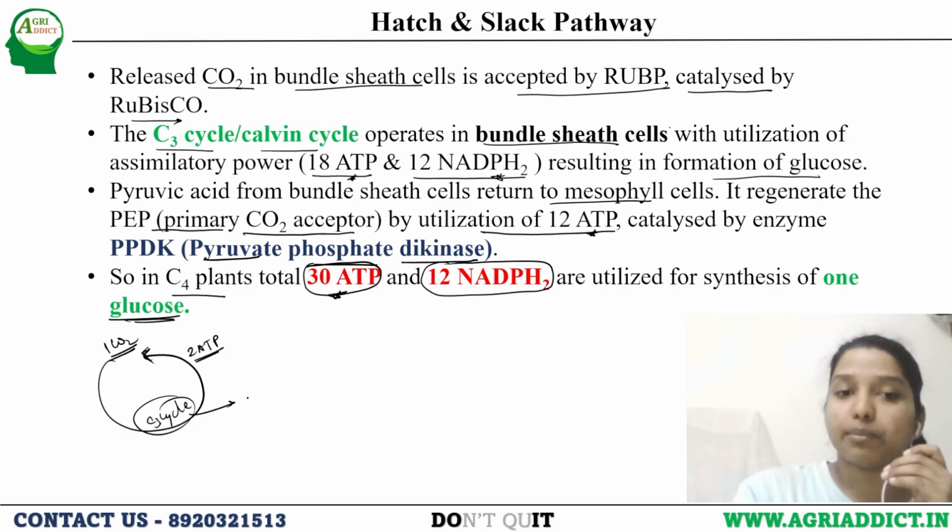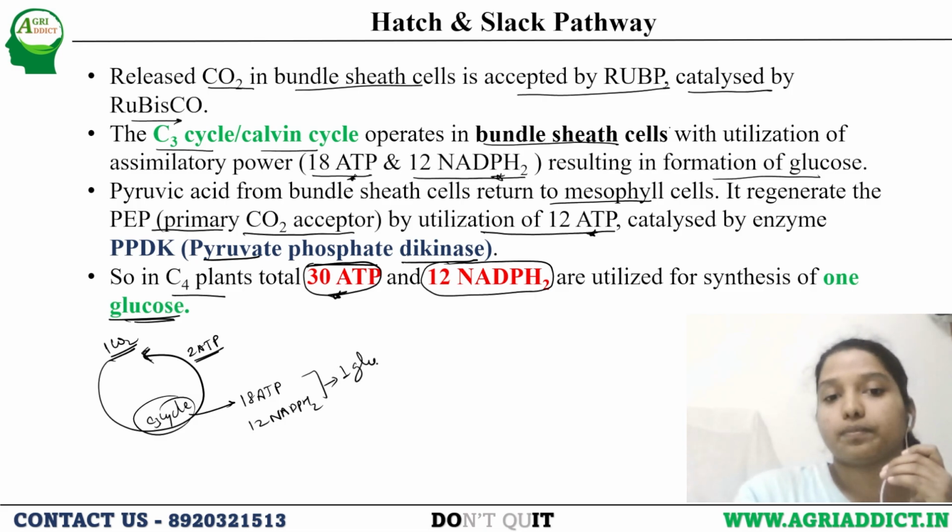This C3 cycle we earlier studied, it requires 18 ATP plus 12 NADPH2 for fixing one glucose. Okay. Now this one carbon fixation requires 2 ATP.